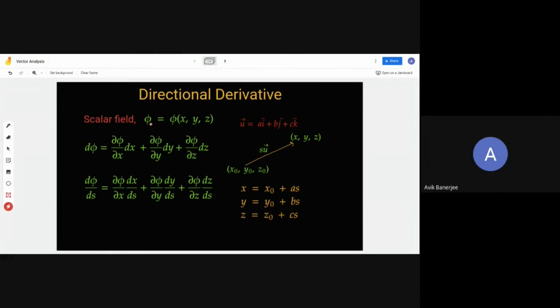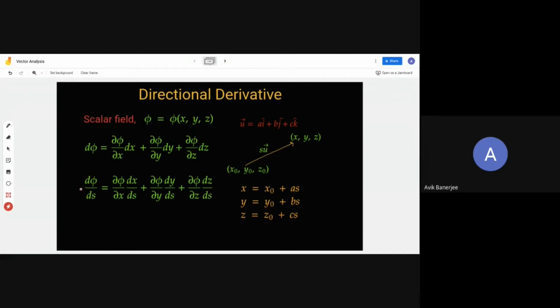So if it is a function of x, y, and z, it is an exact differential d phi. So the differential change of phi, the scalar field, can be represented in this way: del phi del x dx, plus del phi del y dy, plus del phi del z dz. Now we want to know what is the rate of change of phi with s. So that is d phi ds.